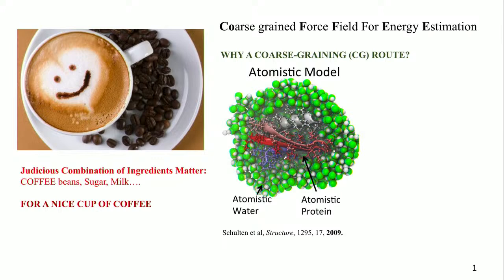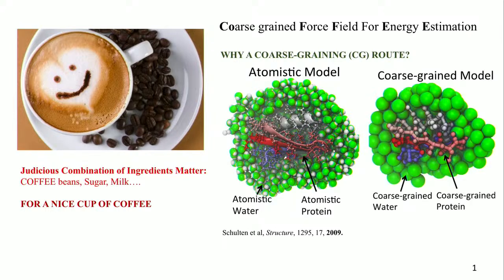So far so good, there are a lot of advancements in computer hardware that allow you to look at these kinds of high resolution models of biomolecular complexes, but the problem is when you're really interested in large length scales and long time scales of biological interest, you turn to the coarse grain model. There is a massive reduction in the number of degrees of freedom, as you can see from this picture, and that allows you to probe the system over much longer time scales and length scales.